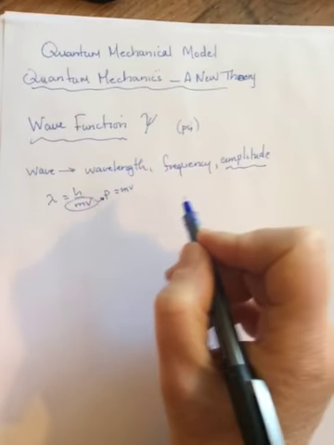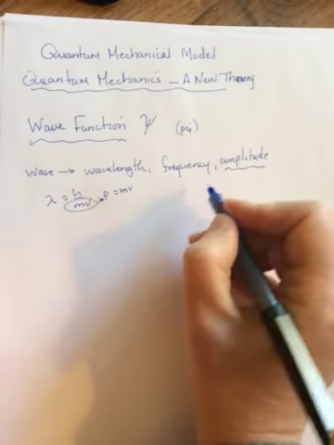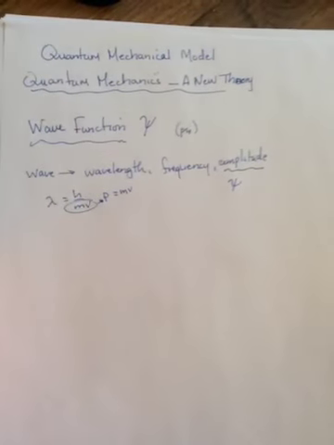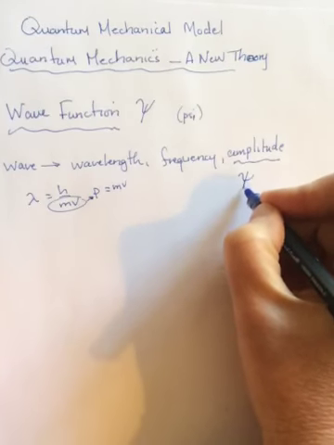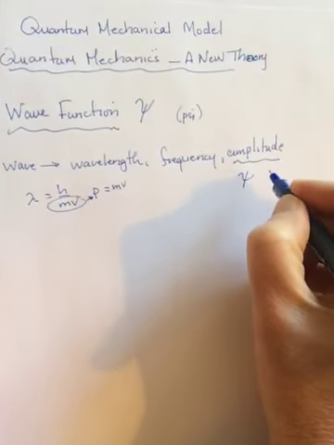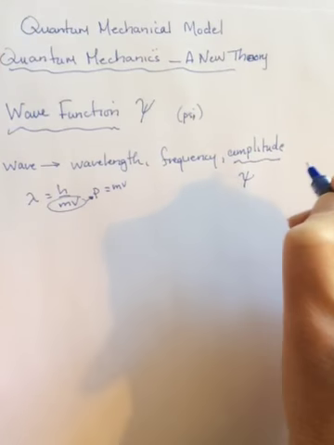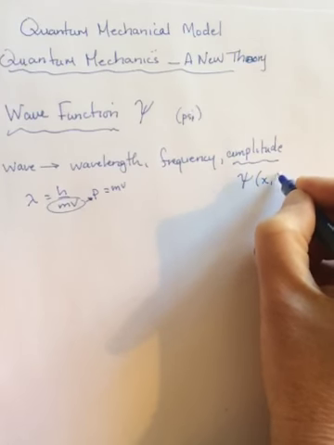Okay? The amplitude is this psi. And what we know is that it is dependent upon both the particle's position and the time. So it's a function of position and time.